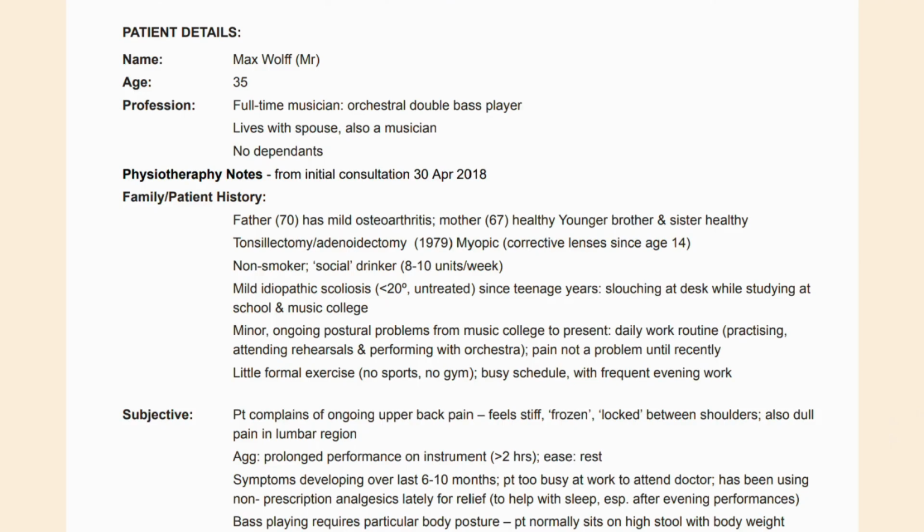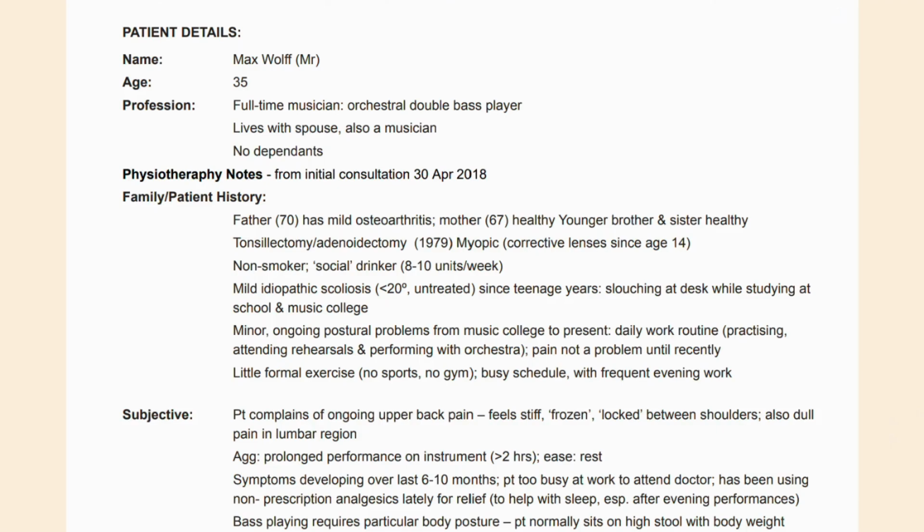So yesterday the patient visited you, and the patient has chronic back pain, that is the presenting complaint. When it comes to the patient details, the name is given, Mr. Max Wolf, 35 years old. Profession is a full-time musician, orchestral double bass player, lives with spouse, also a musician, no dependents.